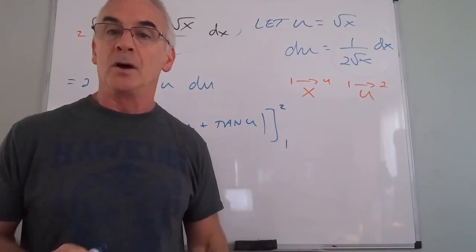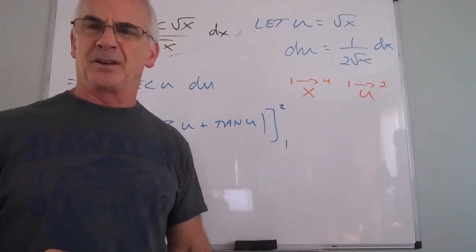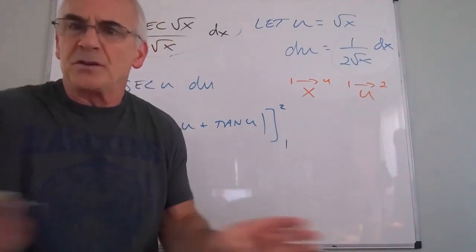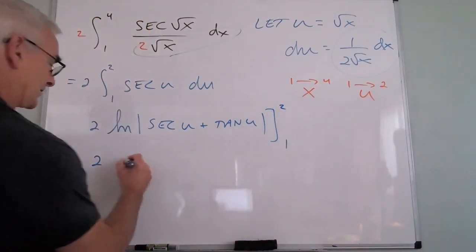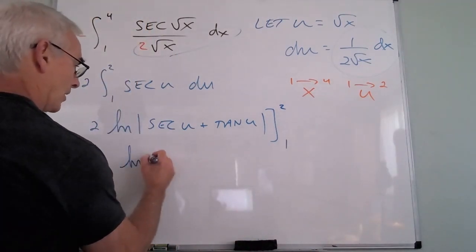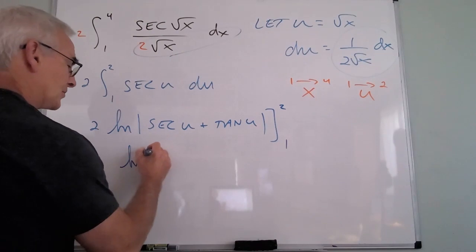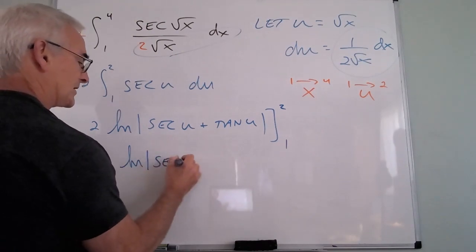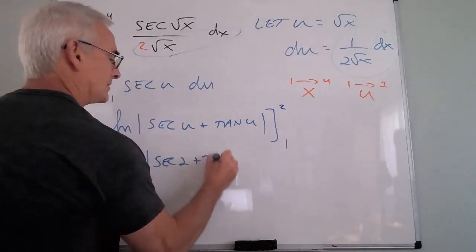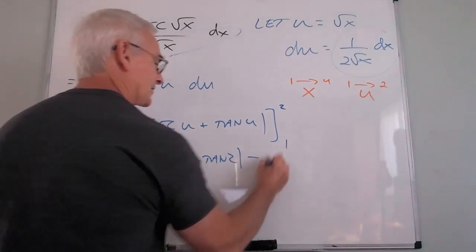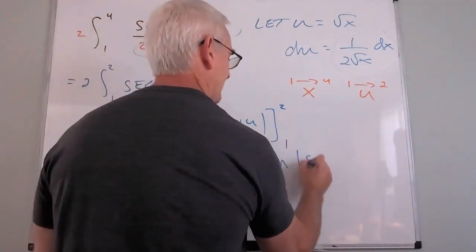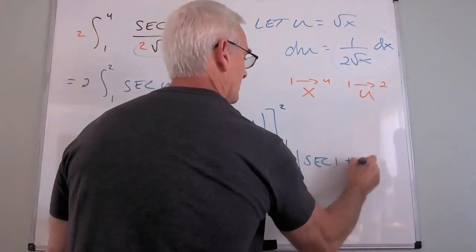But these are integer valued radians. There's no conversion necessary. So I would actually write my answer as log of, it's still going to be absolute value, secant 2 plus tan 2 minus log absolute value secant 1 plus tan 1.